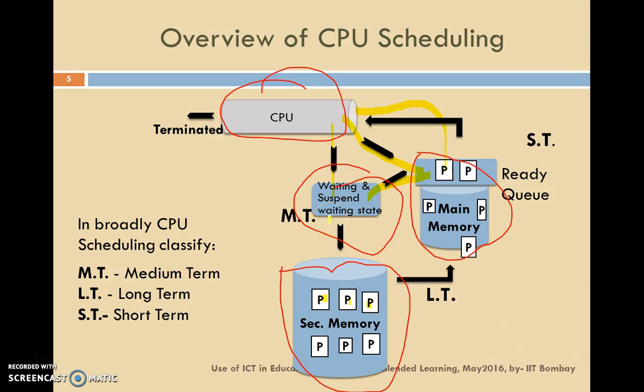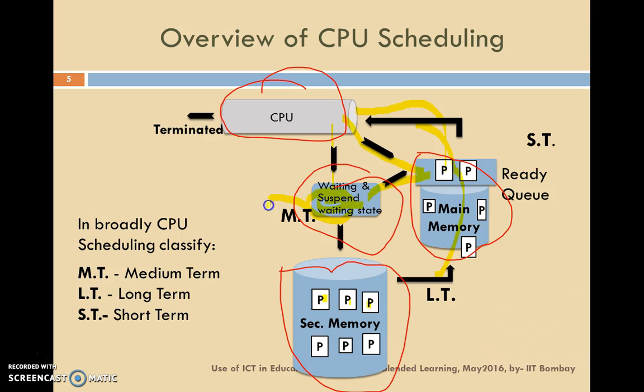If the process has no required resource free, for example memory, or some newly arrived process has higher priority compared to these waiting or suspended processes, then the process is suspended and goes into the suspended waiting state.